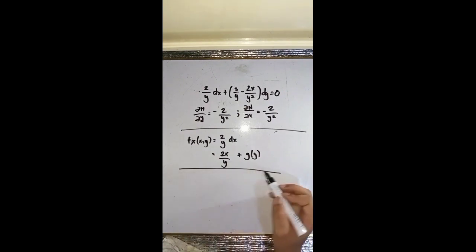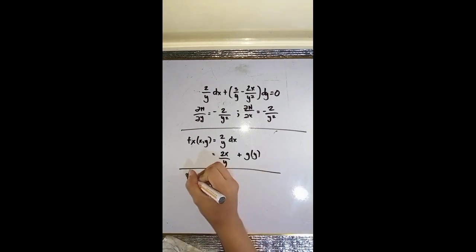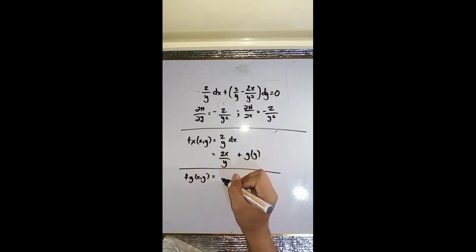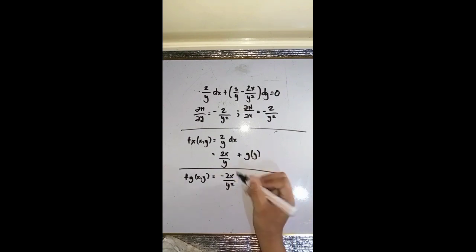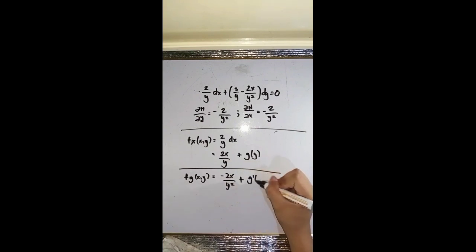And now the integrated function of M will be differentiated in terms of y. So 2x over y plus g of y will be differentiated and will become negative 2x over y squared plus g prime of y.